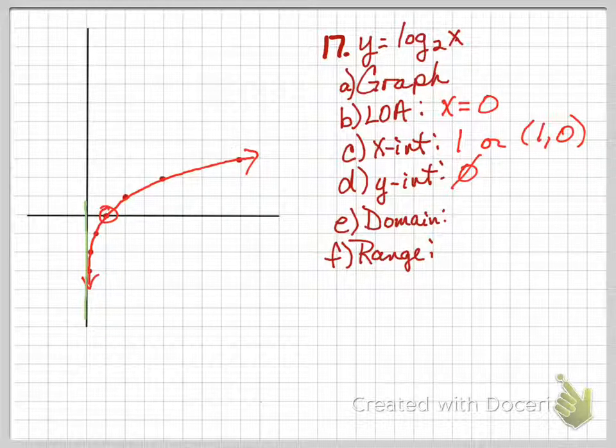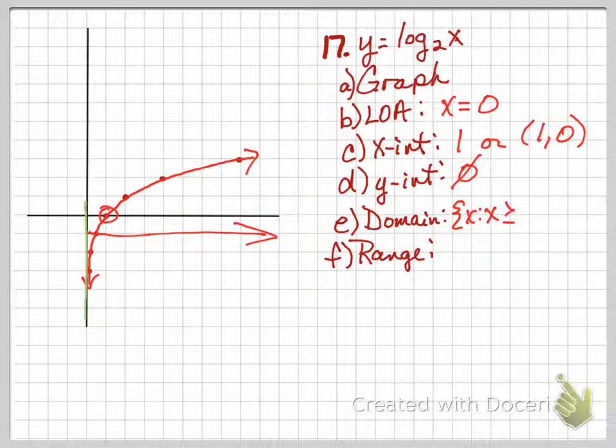Domain. Domain is everything that reaches x. So it never reaches this green line here. It's everything out that way. So my domain is x such that x is greater than 0.